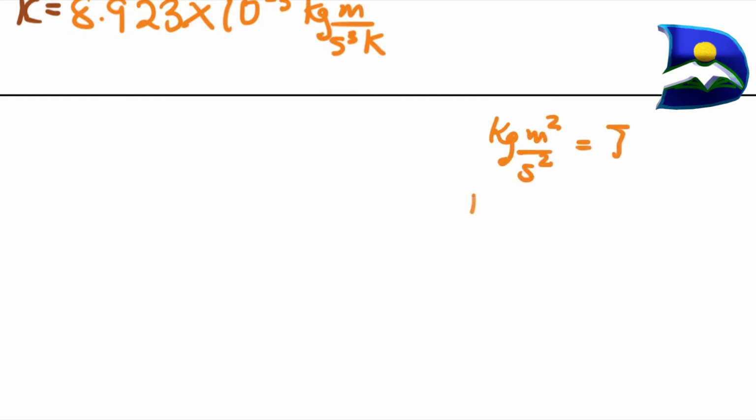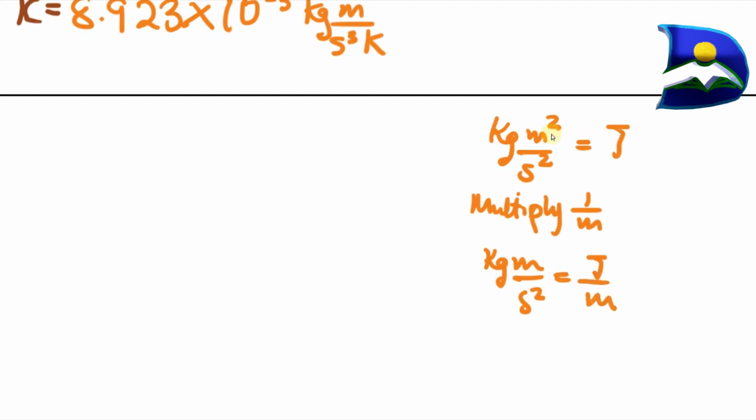So when you multiply both sides by a specific constant, which is 1 over m, the kilograms cancel out, so what is left is 1 meter per second squared, which is equal to joules per meter. And so therefore, where we see kilograms meter per second here, we actually put joules per meter.